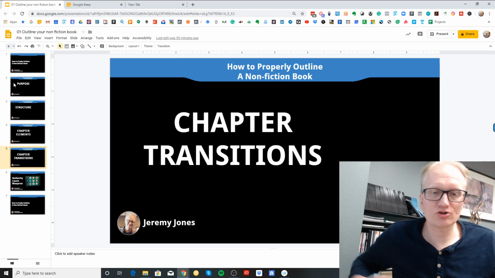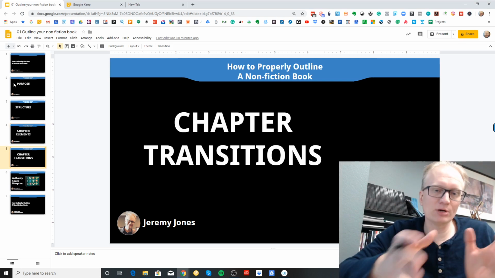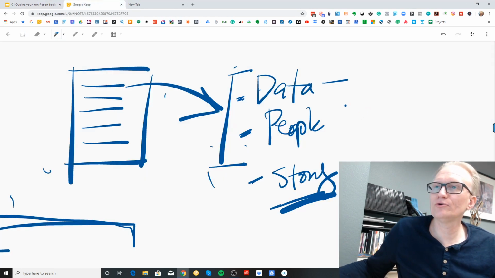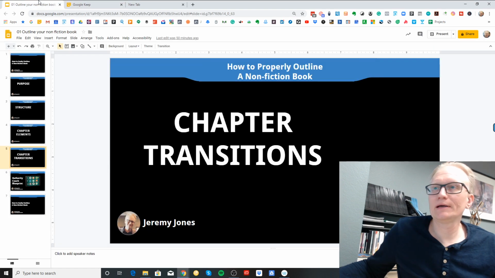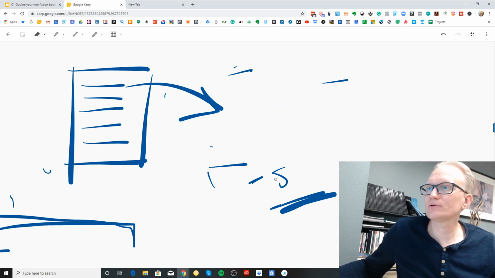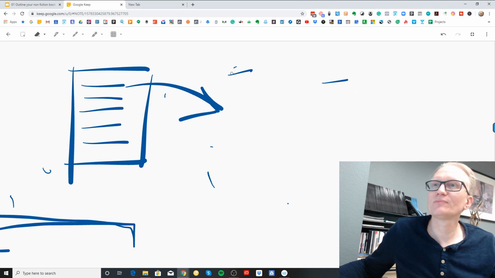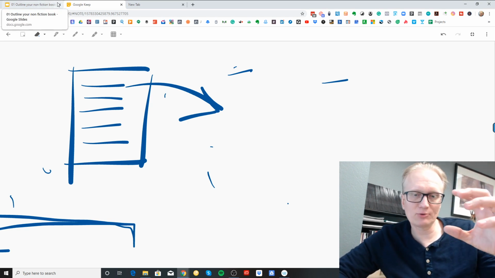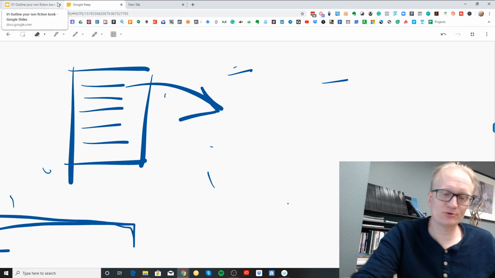Next are what we call chapter transitions. So these are all the components and the pieces that you want to have available for you when you're outlining and structuring your book. So let's look at chapter transitions. Let me just sketch this out. So now chapter transitions. What that is, we have, let's say, chapter 1, and then we have chapter 2.